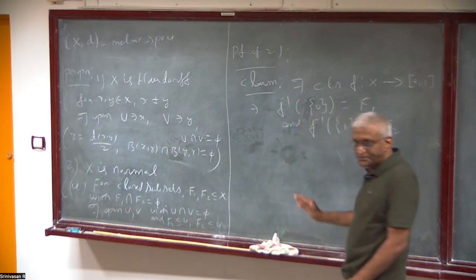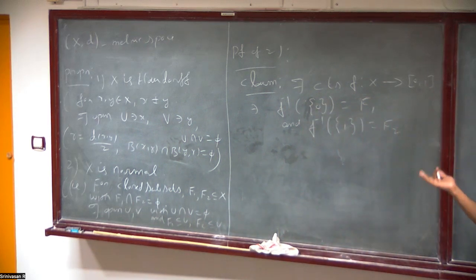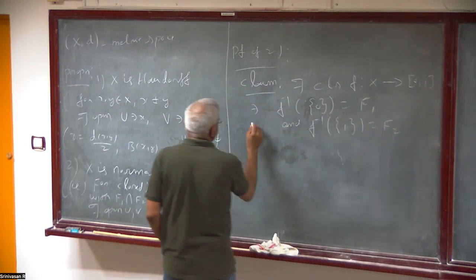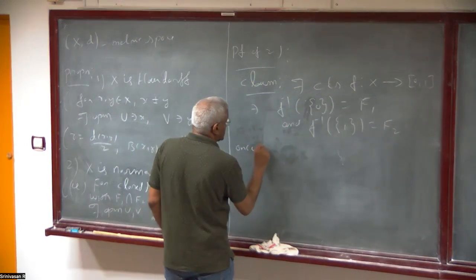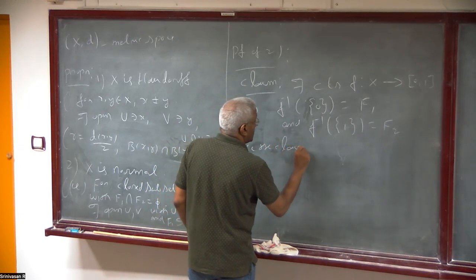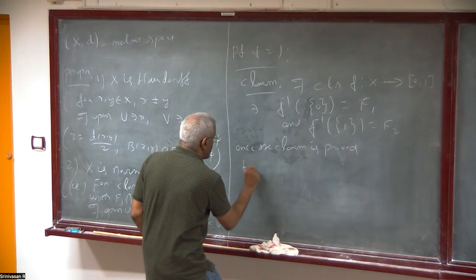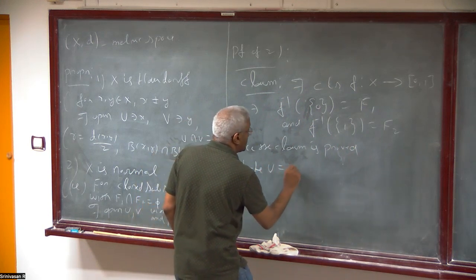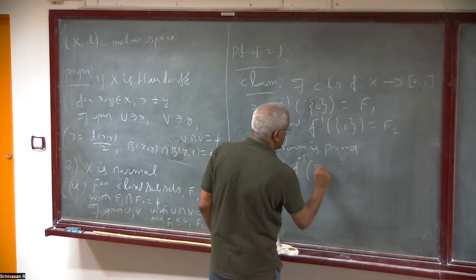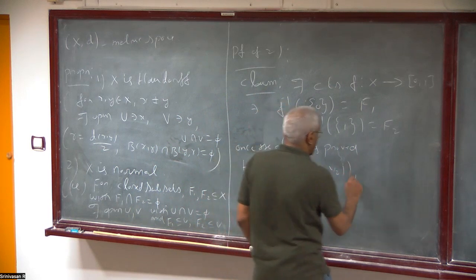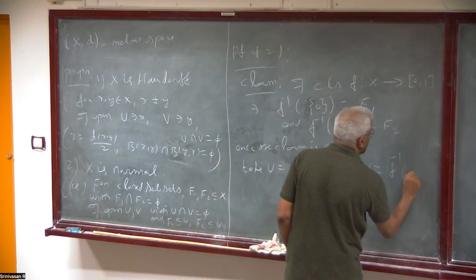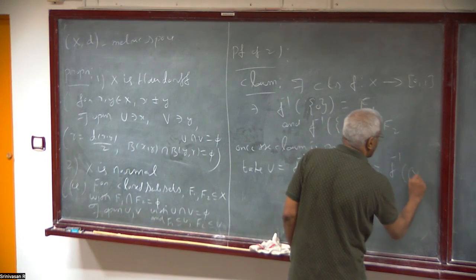We claim this, we'll prove this. Once the claim is proved, take, of course, U equal to f inverse of [0, 1/2) and V equal to f inverse of (1/2, 1].